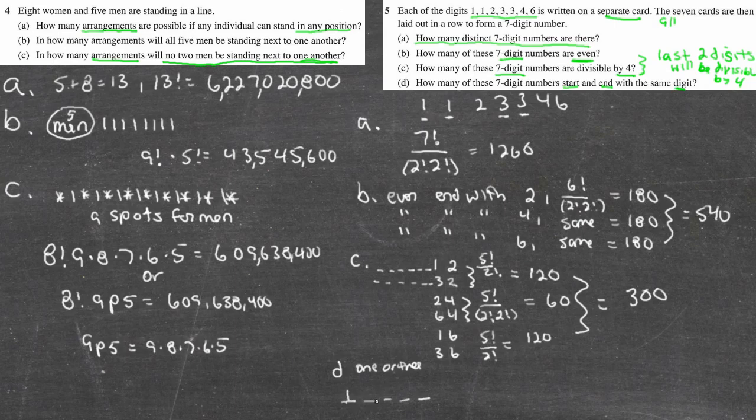So if I put 1s on each end, that's going to give me 5 in the middle. And out of those 5, 2 of them repeat. So that's going to be 5 factorial divided by 2 factorial. And then if I put 3s on the ends, well, again, I still have 5 in the middle. And 2 of them still repeat. So that's also going to be 5 factorial divided by 2 factorial. And so that's going to be 60 plus 60, or 120.